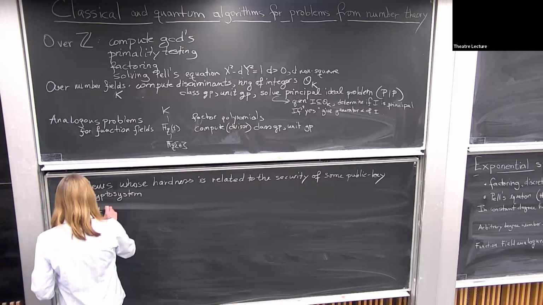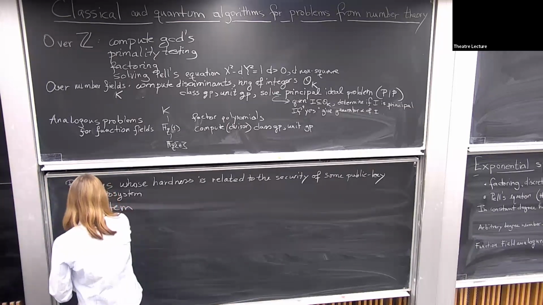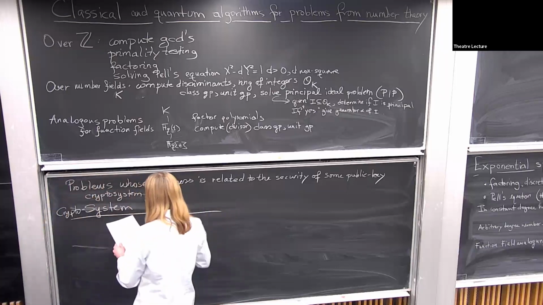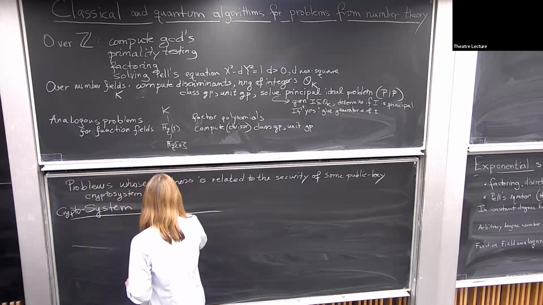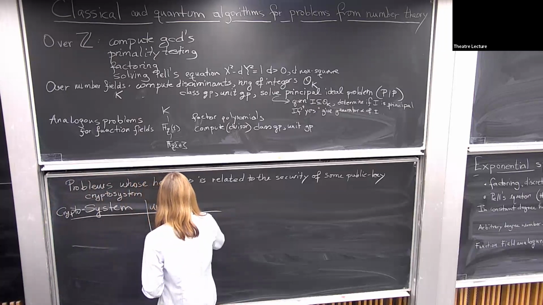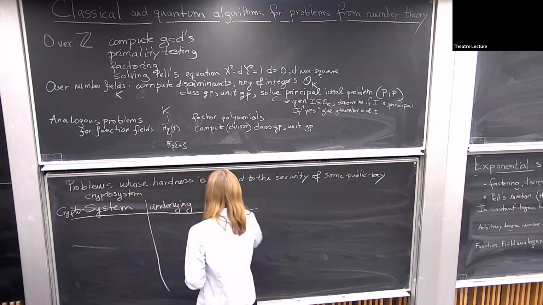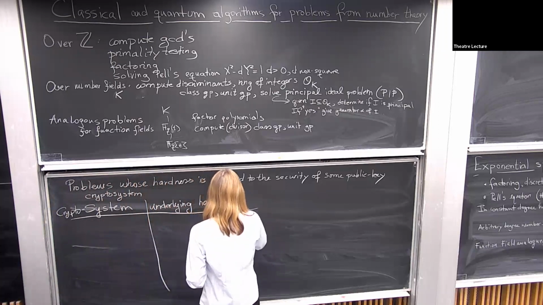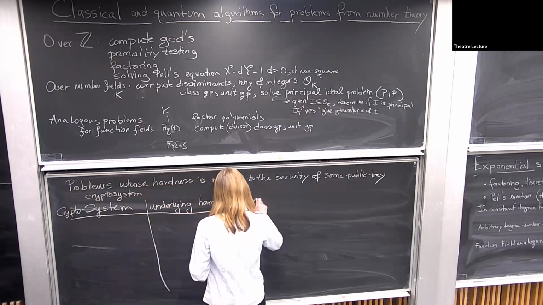So let me just give some examples. I'm going to write down the cryptosystem and what it's based on. As we saw last summer, I'll mention that in more detail.